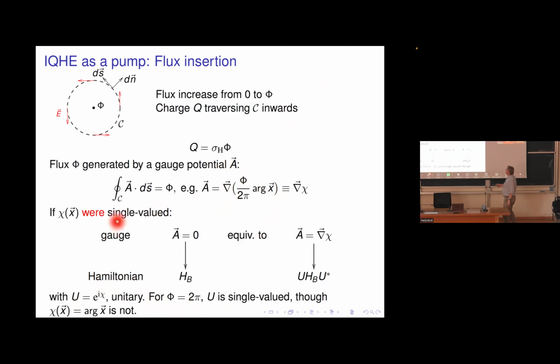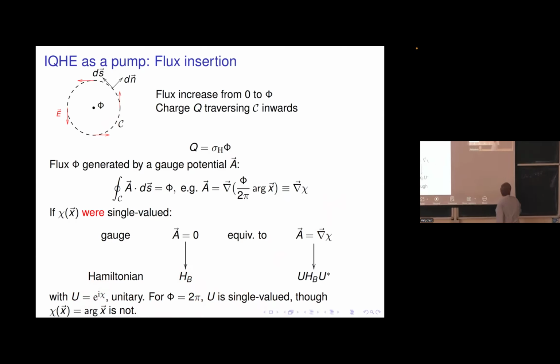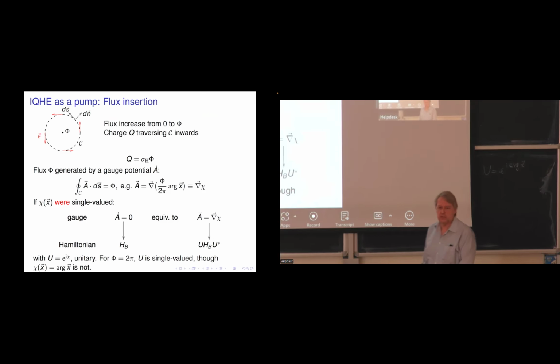So despite that no flux and flux 2 pi are physically different situations, the two situations are unitarily conjugated by this U, which is e to the i. Let me write it also for later. U equals e to the i, the argument of x. Then chi at phi equal to 2 pi is just the argument of x. That is the thing that does the unitary conjugation when the flux is a quantum of flux.